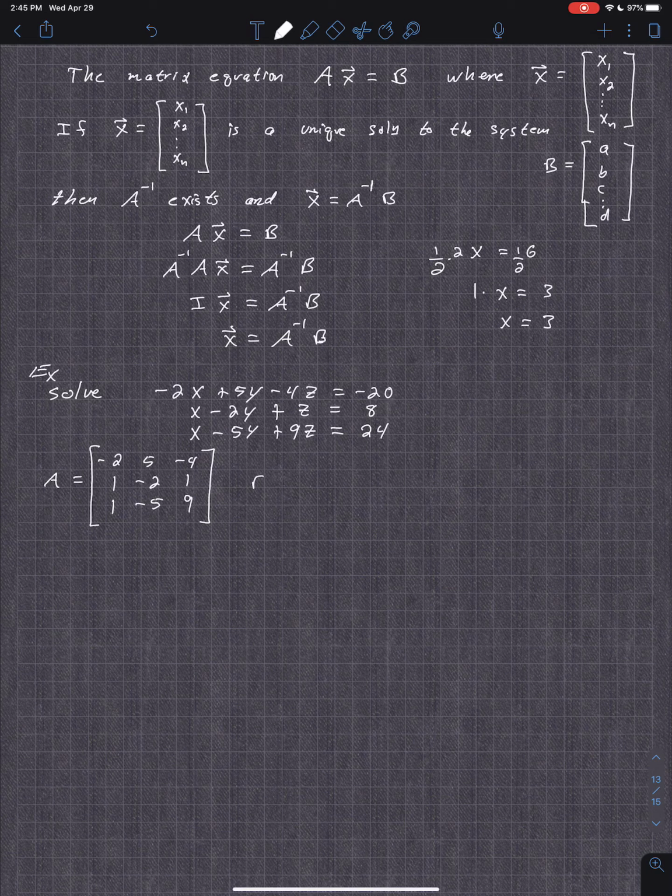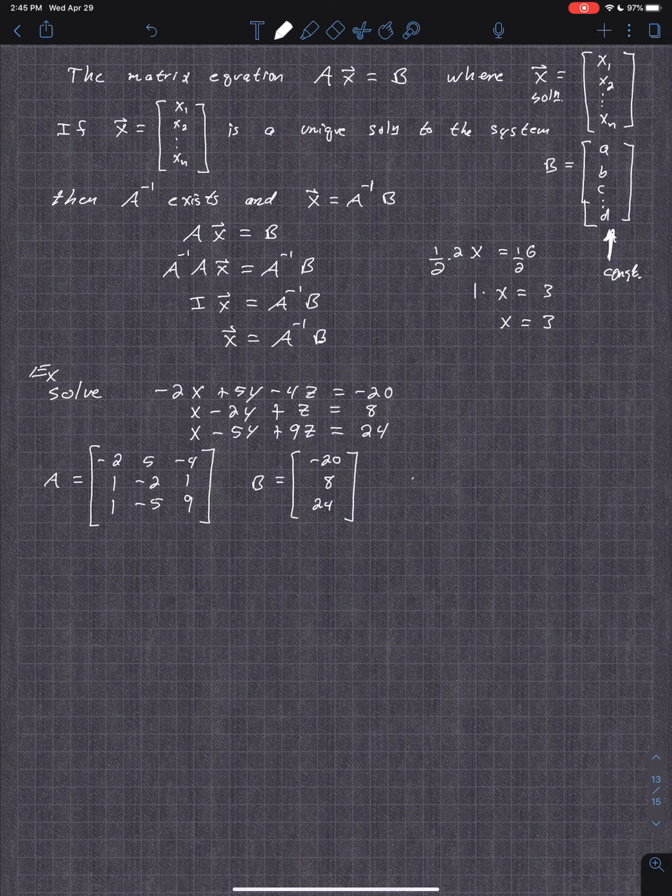Then B is the constants: negative 20, 8, 24. What I was saying earlier, those are not your solutions on B, those are your constants on the right hand side. X ended up being your solutions, if they exist.